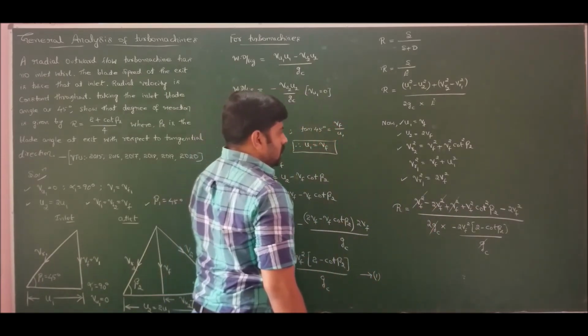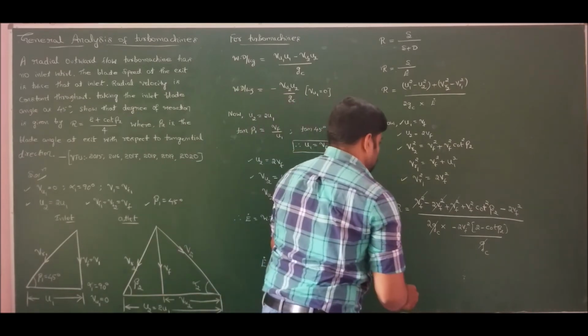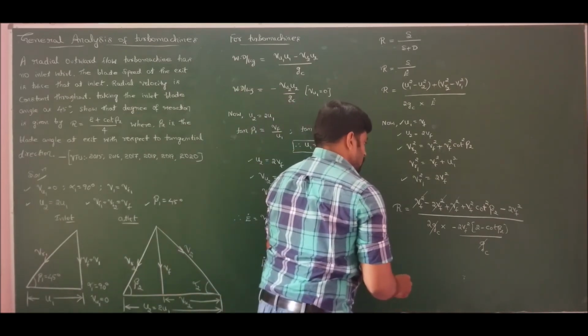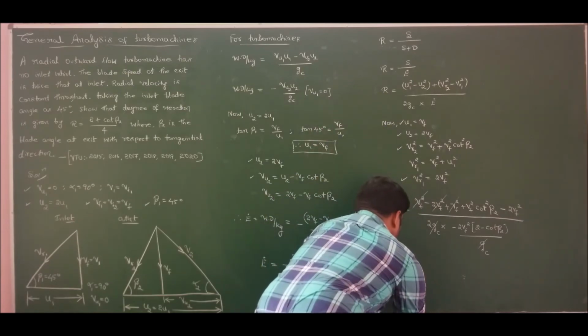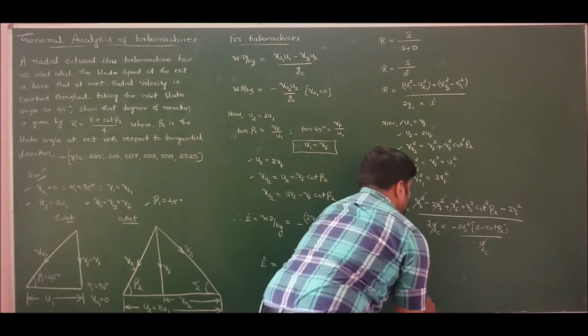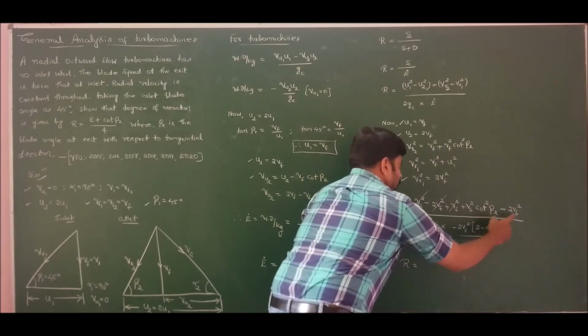So therefore a simplified equation will be R is equal to, I can take VF square common.